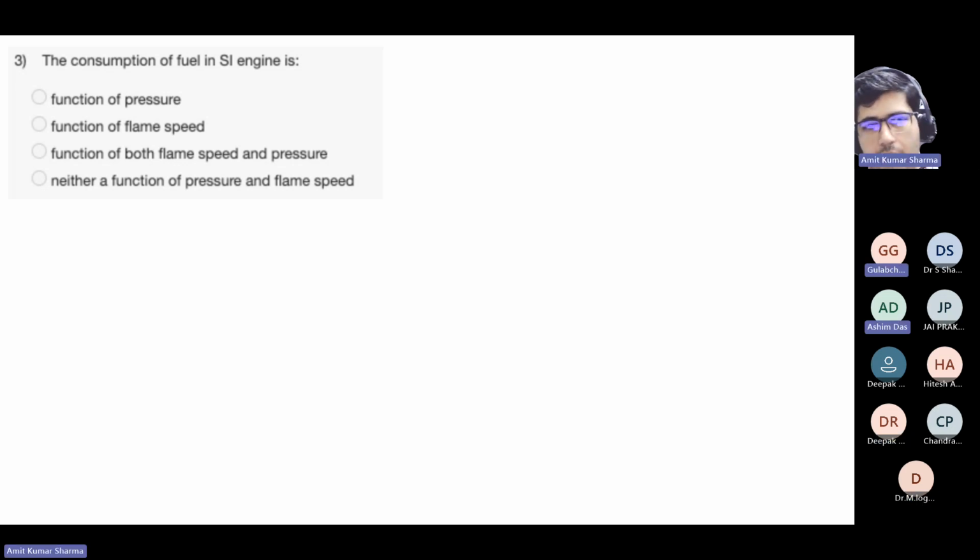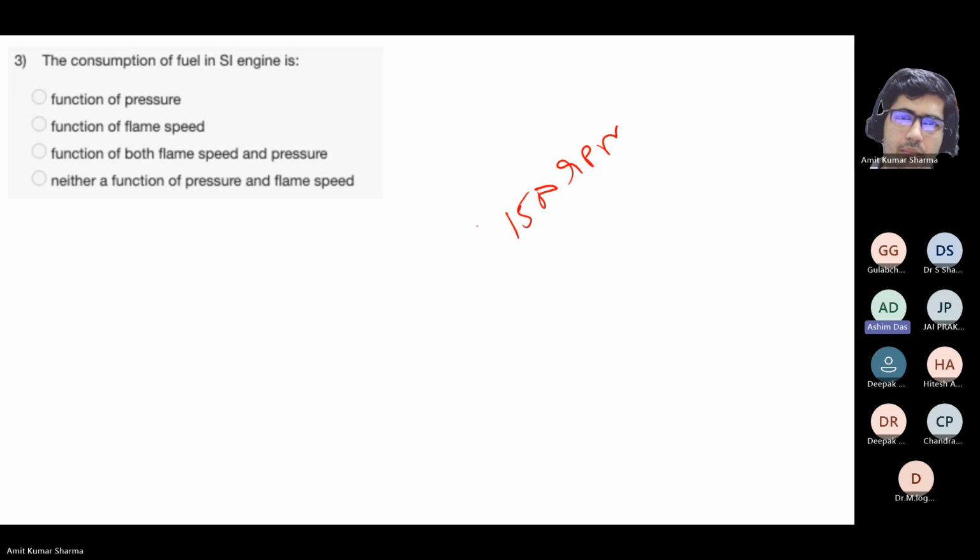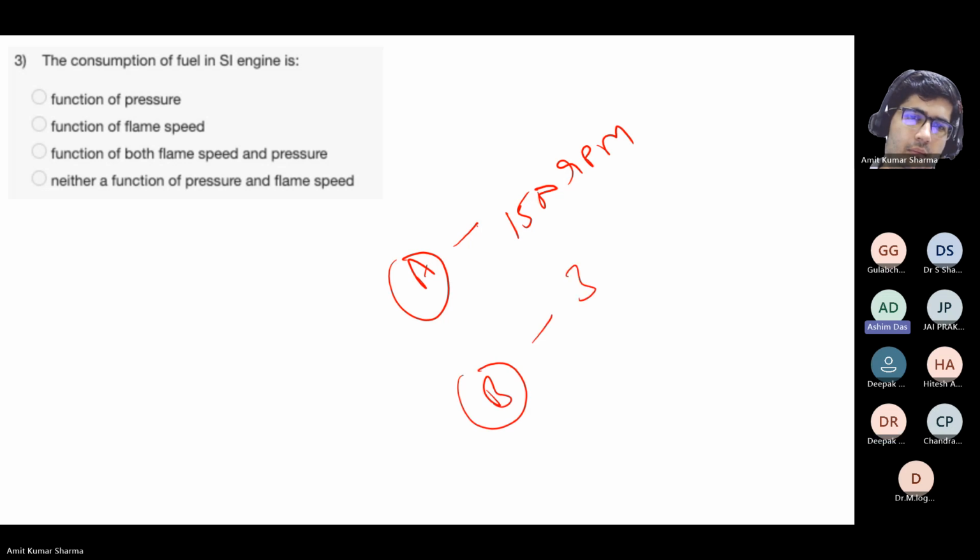Just tell me one thing: is RPM related to the consumption? Suppose your engine is running at 1500 RPM. Actually, the equation is torque into RPM is the power. So if you keep torque the same and RPM increases, then power will definitely increase.